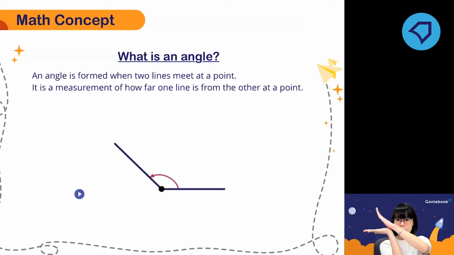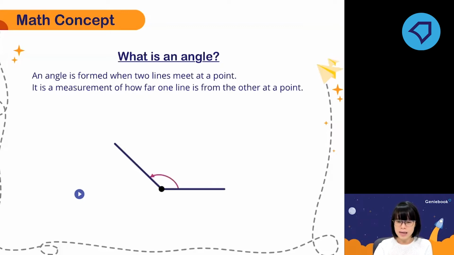Over here we have a small angle, correct? And then it's going to go bigger, and bigger and bigger. So can you understand what an angle is? An angle just refers to how far these two lines are apart from one another. Okay, excellent job.